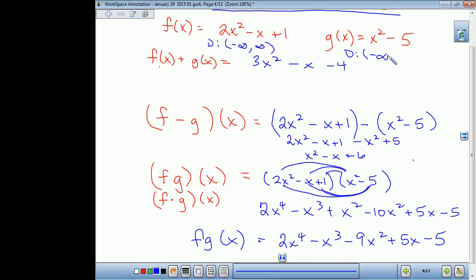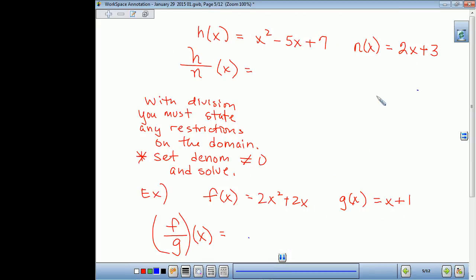It's a quadratic, so it has the same domain. So our domain was not restricted on either function, was it? No. So when I find the sum or the difference or the product, will the domain be restricted? No, it should not be. Okay, so what operation is left? Division. All right, so we're going to try some new functions for division.